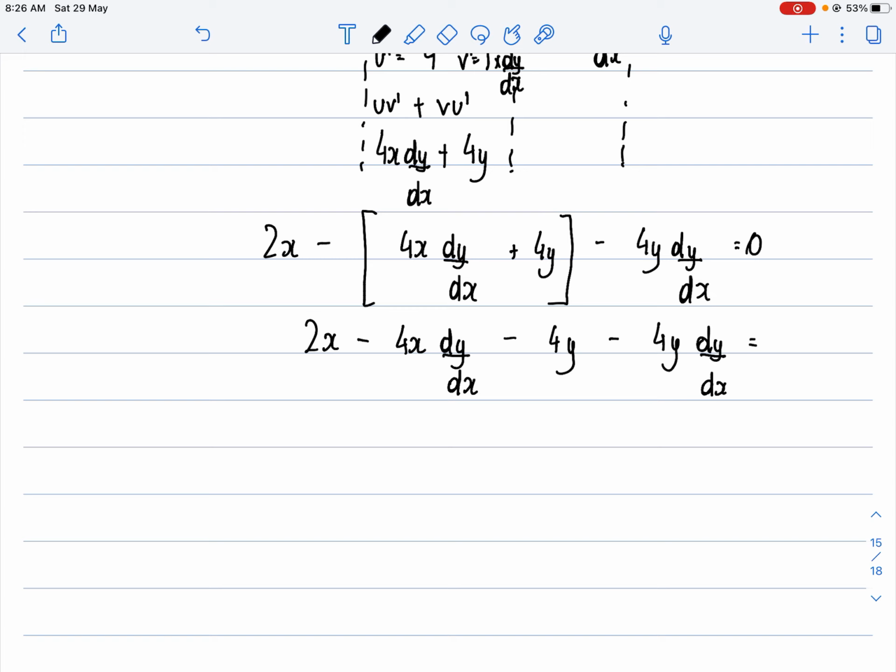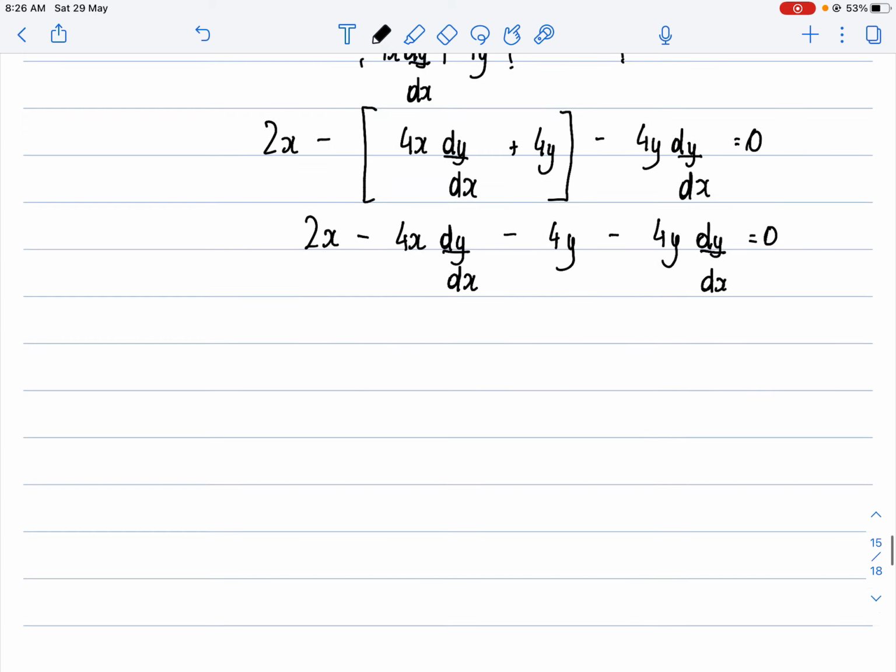Now I can keep all the dy by dx to one side, and write this as 2x minus 4y equals 4x dy by dx plus 4y dy by dx.